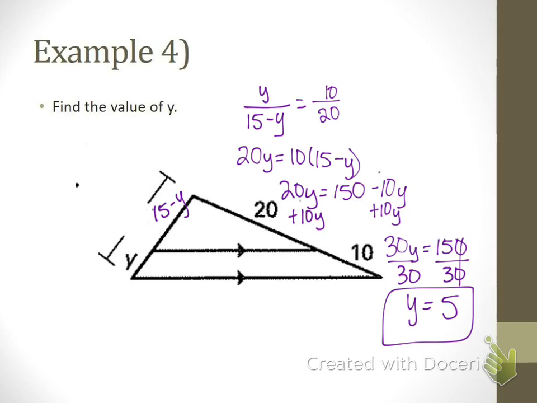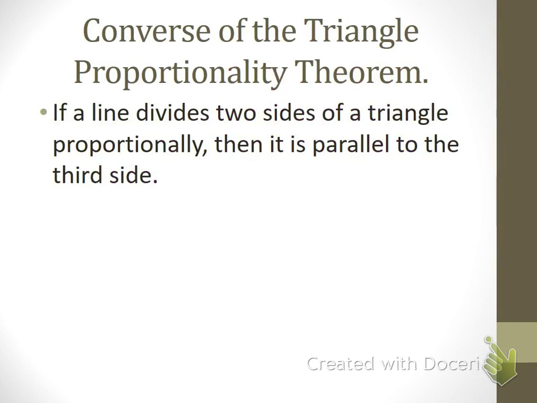Questions on that last one before we do our converse? Need more time? Okay, I'll pause for a moment. No pictures, just words. The converse states that if a line divides two sides of a triangle proportionally, then it is parallel to the third side.